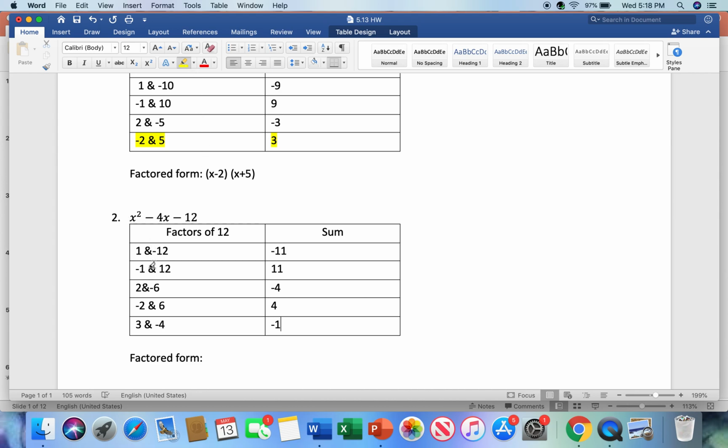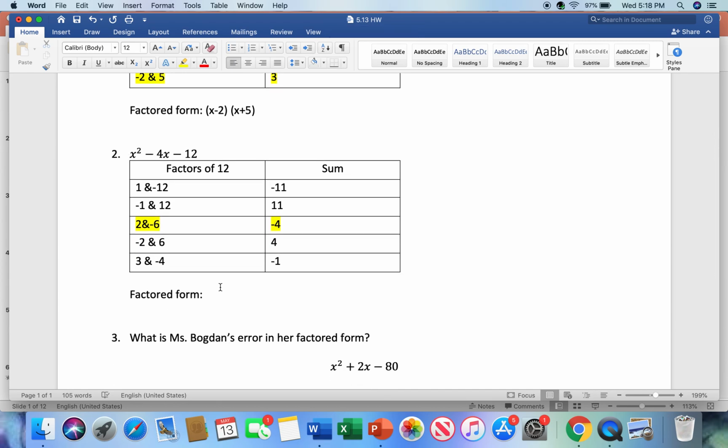So out of these factors that I have listed here, which of those adds up to a sum of negative 4? So we have 2 and negative 6. So now we're going to use 2 and negative 6 in our parentheses. So we're going to have x plus 2 and x minus 6. And this right here is our factored form.